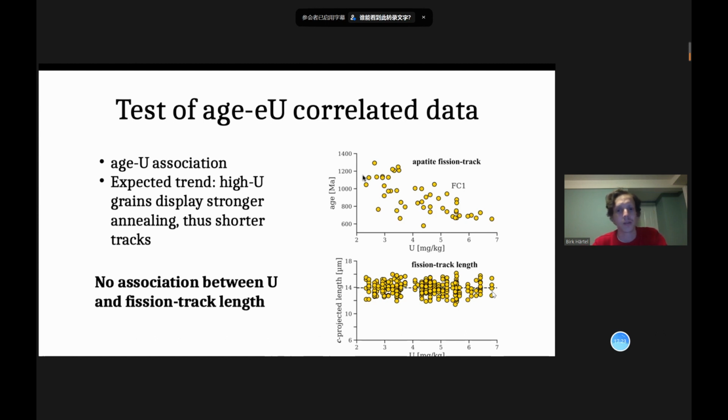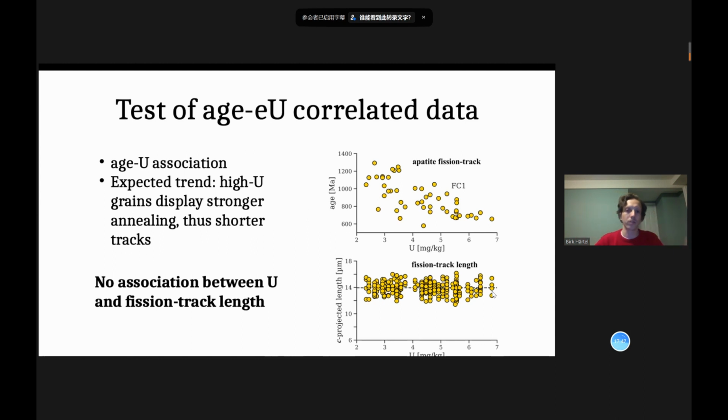So here we saw, okay, we have a scattered, but anyway, it's there. We have a negative age-eU correlation. And now the question was, how do we test if there is enhanced annealing or radiation damage age reset, fission track annealing related to radiation damage?